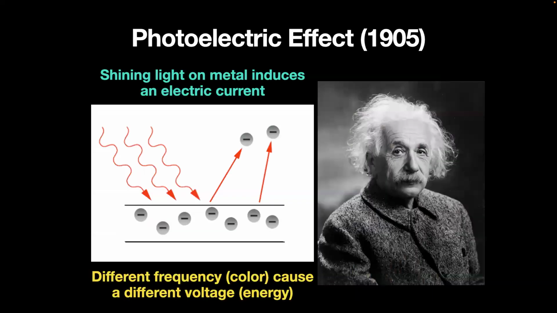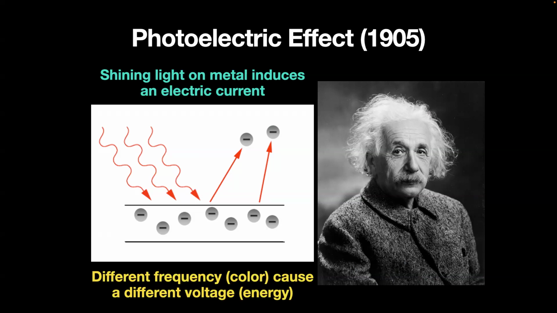One of the early important discoveries of the nature of photons was by Albert Einstein in 1905 when he described the photoelectric effect. He demonstrated that photons can cause a current. They can cause electrons to move in a metal.